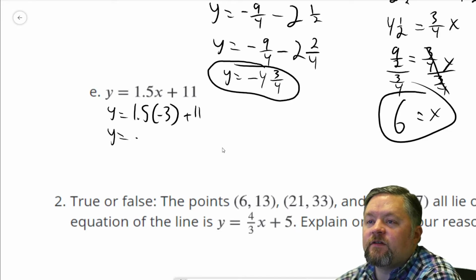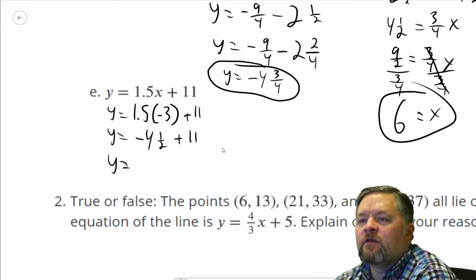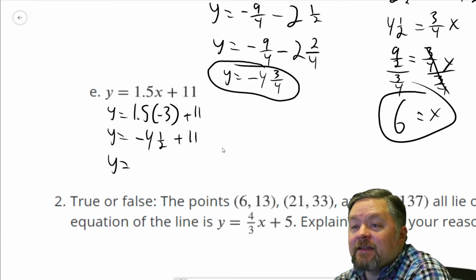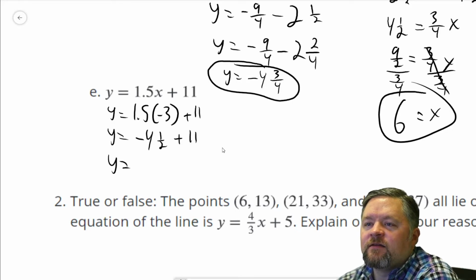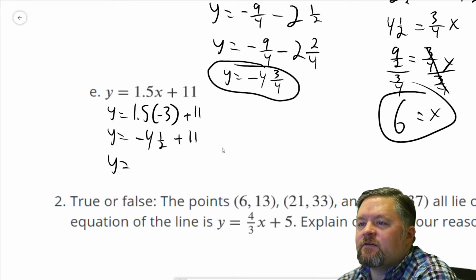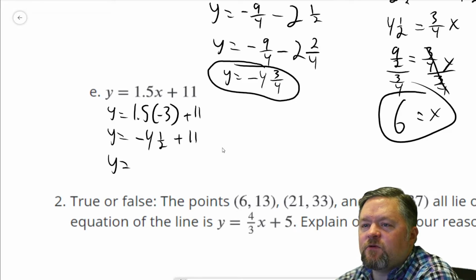So that would be negative 4 1/2 plus 11. Negative 4.5 plus 11. So we're 4.5 feet underground. We go up 11. Where are we? Going to be positive 6.5, 6.5.